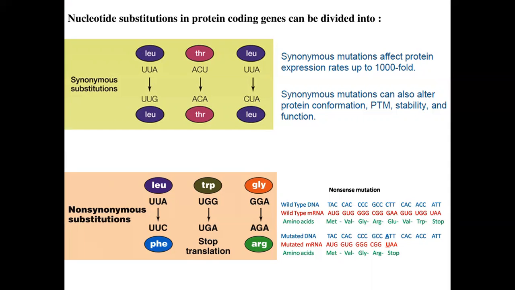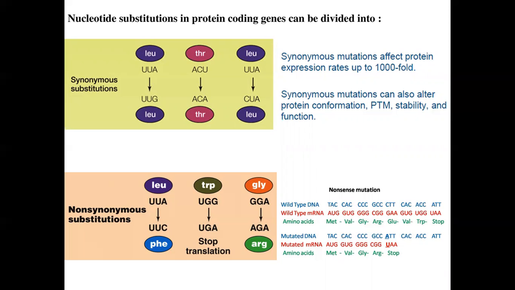The other mutation is called non-synonymous substitution. In the first example, UUA gives leucine, but if the A is changed to C, it will give phenylalanine.